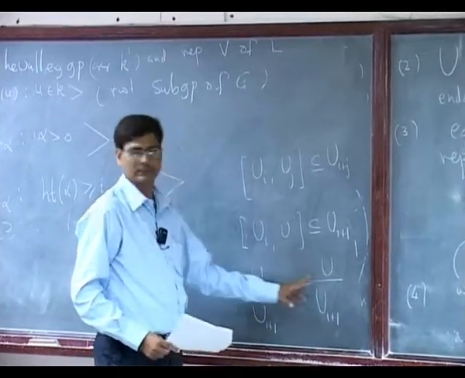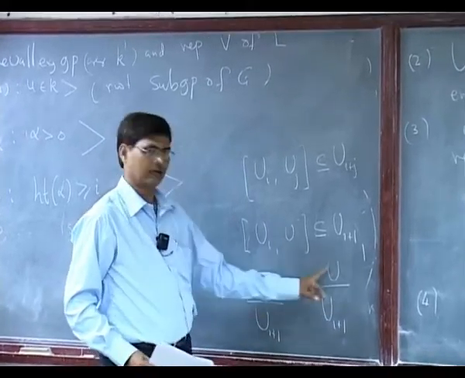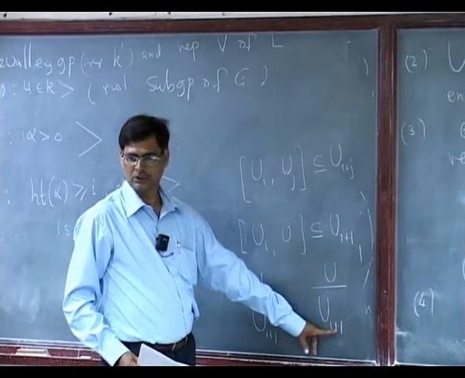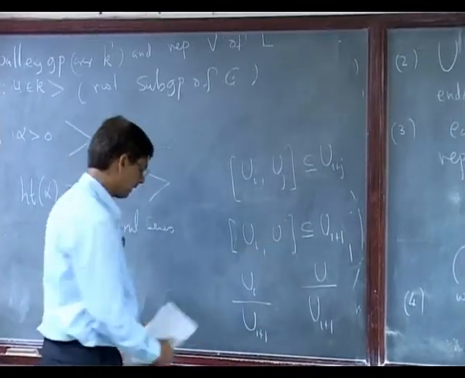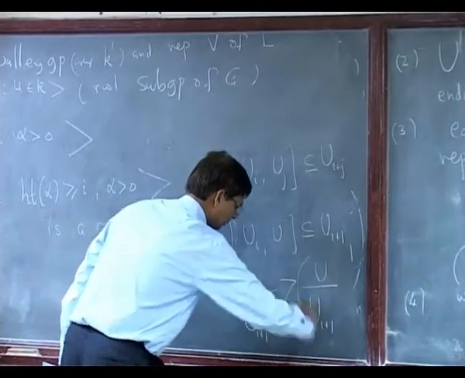This is contained in the center of this. Why? Because if I take an element here and an element here, then its commutator falls inside here. So this implies that this is contained in the center of this subgroup.